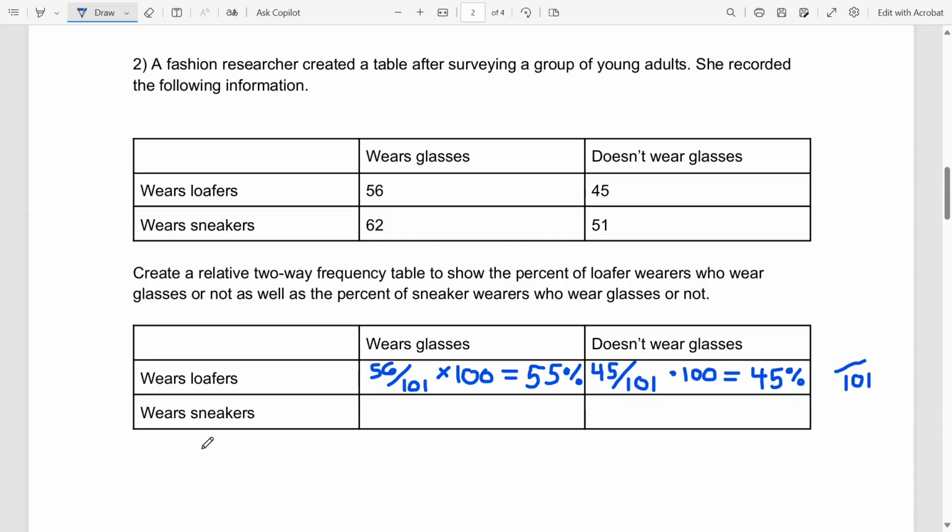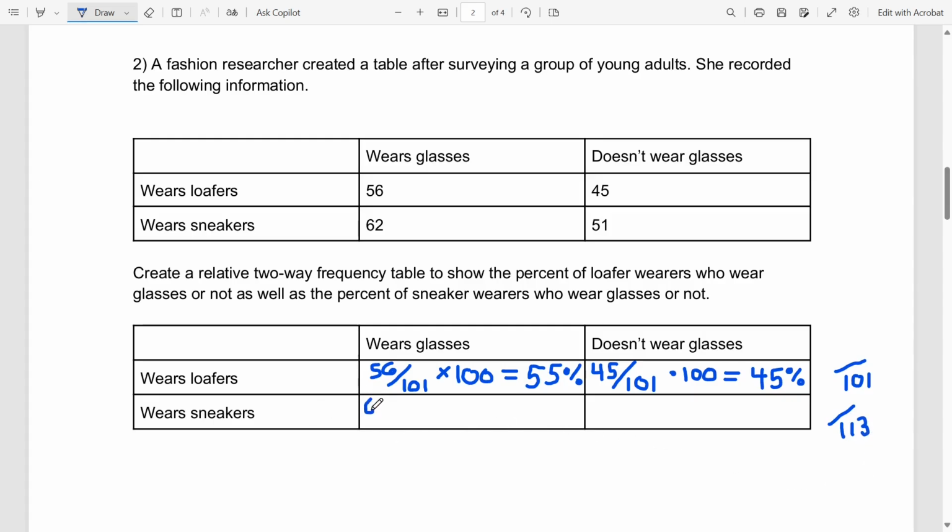Now we want the percent of the ones that wear sneakers that also wear glasses. So we got to do 62 plus 51 to get the total number that wear sneakers. That's going to be 113. So we're out of 113. Okay.